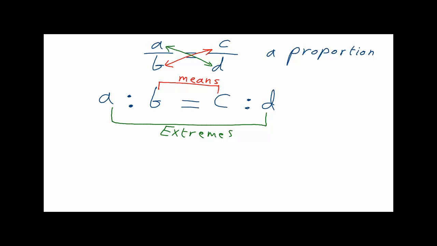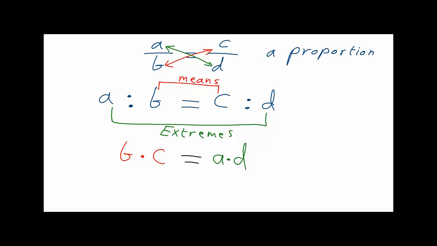And we can check if it is a proportion or not, which means if these two ratios are equal or not, by a cross product. So if you multiply the means together, B times C, this must be equal to the multiplication of the extremes, A times D. So by multiplying the means and multiplying the extremes, if you discover that these results are equal, you can say that these two ratios are representing a proportion.